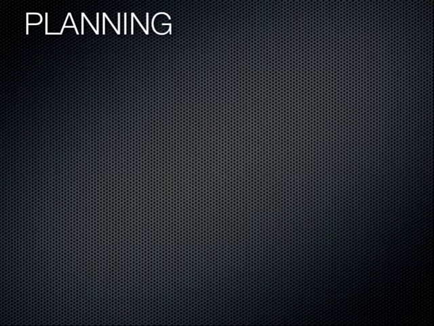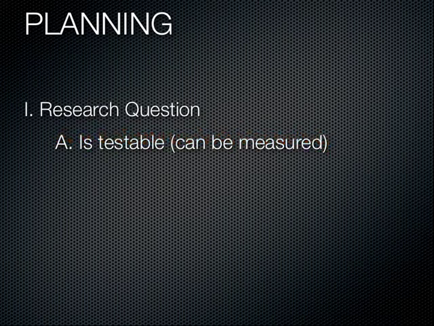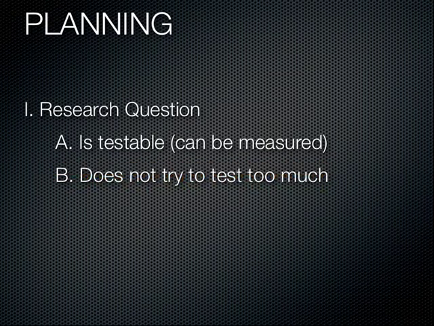for our notes, if we look at planning a little bit more specifically today, we first start with a research question. The scientific method is always seeking to answer a question, but it's not how do I tie my shoes or something like that. It's something that needs to be testable, something that can be measured. How fast can I tie my shoes is starting to get in the right direction.